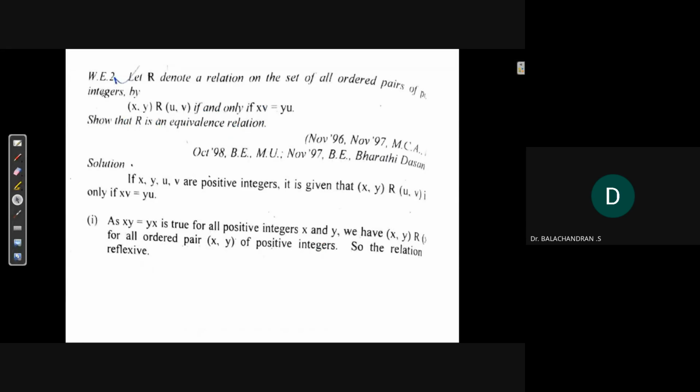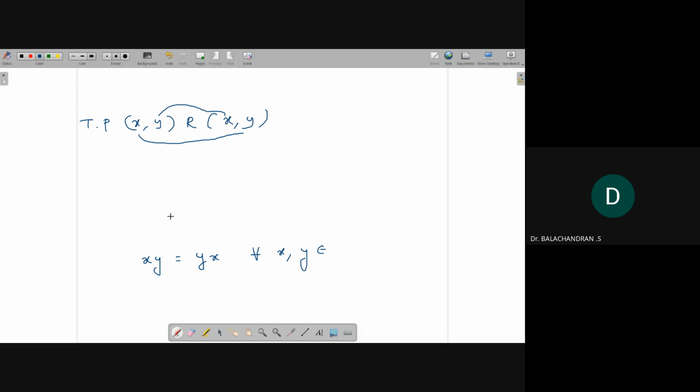Set of all positive integers. This is true for every (x, y) belonging to Z plus, and hence you can write (x, y) is related to (x, y), because this is true in general.